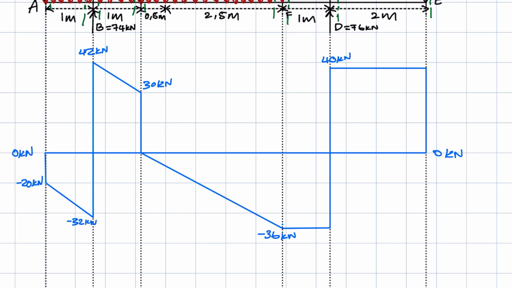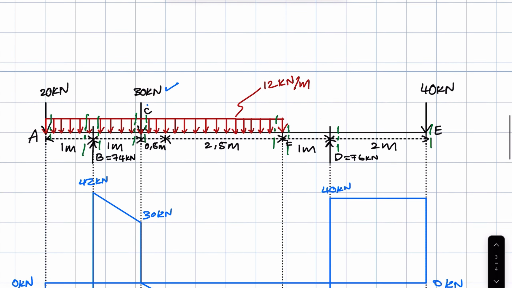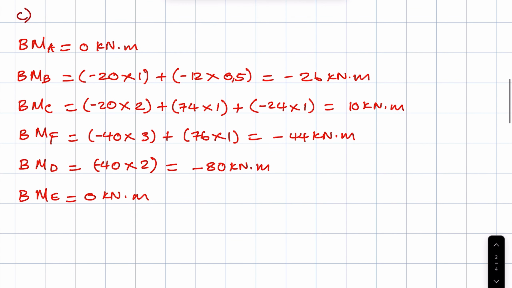Now, as mentioned when doing our bending moment calculations, again, if you look at our bending moment calculations, we expected the shear force to be equal to 0 at point D as well as point C. Why? Because looking at our bending moment calculations, maximum bending takes place at minus 80 kilonewton meters below the 0 line and at 10 kilonewton meters above the 0 line.